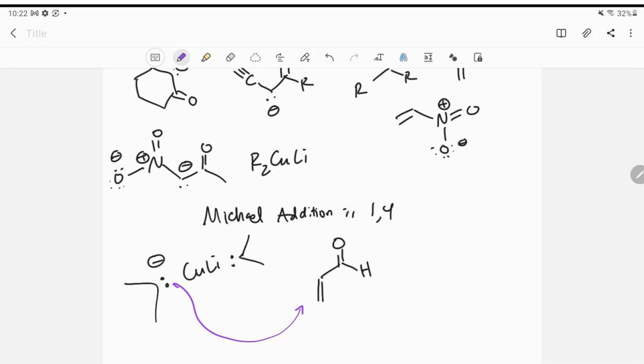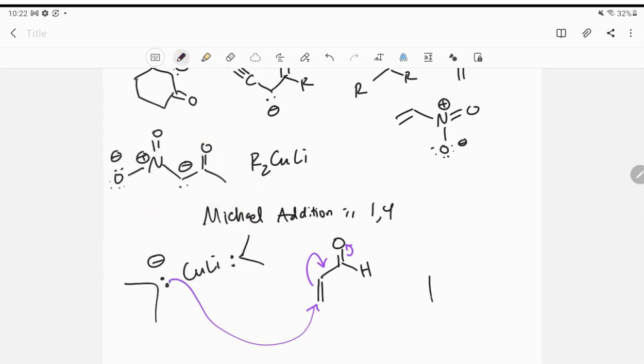What's going to happen is, wow, that's terrible. Let's try that again. We attack the conjugated side of this. We're going to attack the position far away from our carbonyl, and we're going to end up resonating this thing all the way to the carbonyl itself.